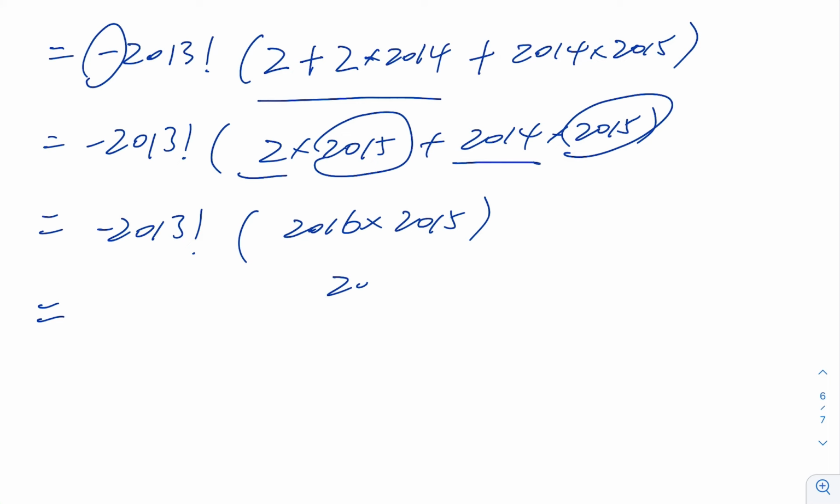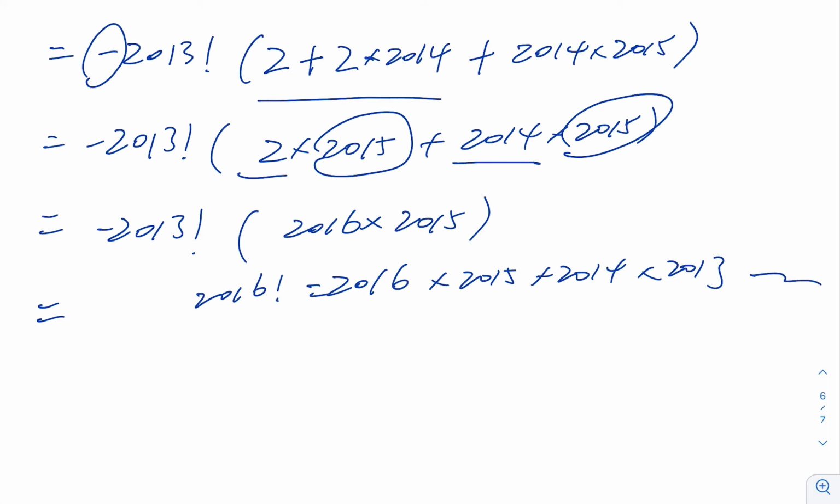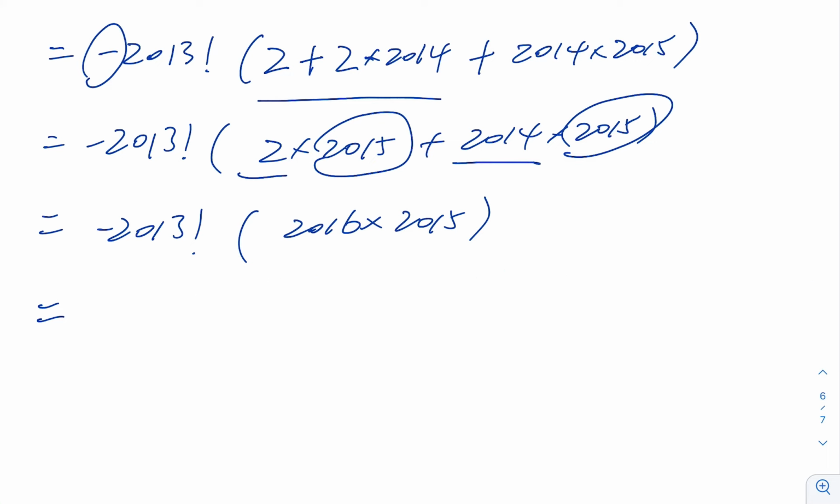So now the factorial of 2016 is 2016 times 2015 times 2014 times blah blah blah, right? You see? In order to have a 2016 factorial, we'll need one more 2014 in this case, right?